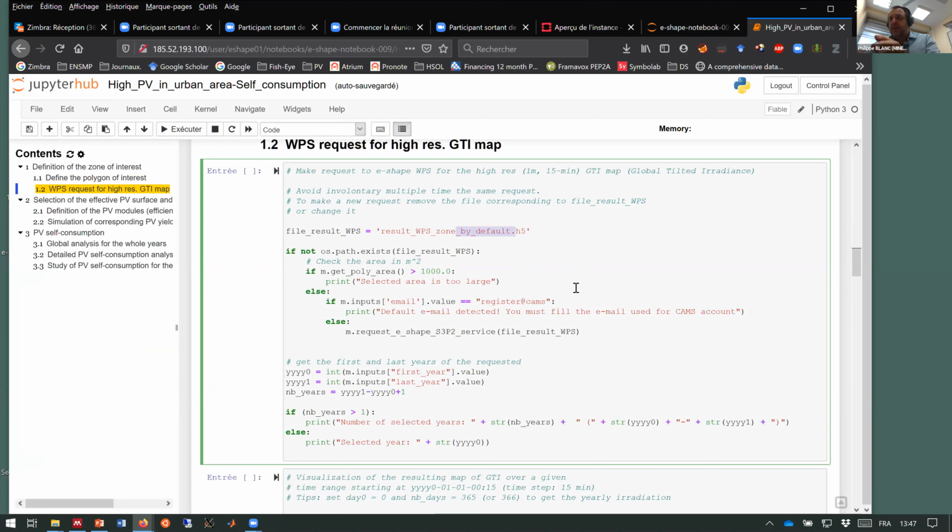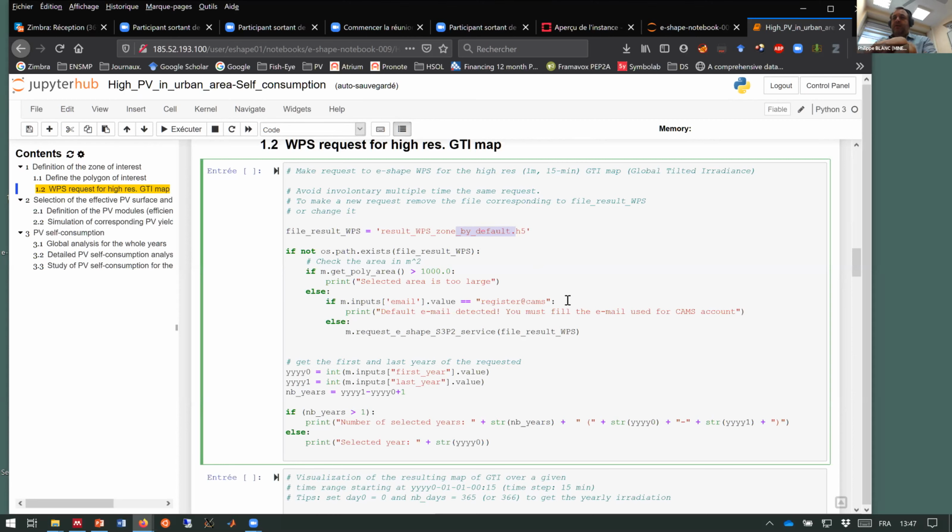The first time you use this cell, it will send a request to the WEkEO cloud computing server to get the computation done on your polygon for the time range you have selected. And of course, if you do not change the name of the file the next time, it won't be computed. It's only using the already computed one.